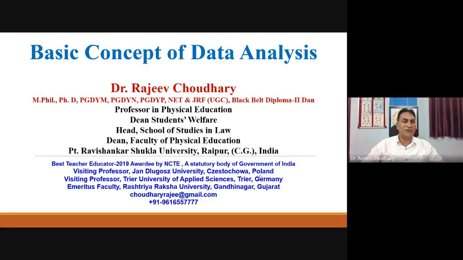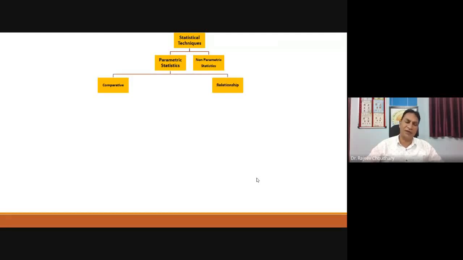Friends, yesterday we discussed two parametric techniques, that is independent t-test and dependent t-test. We started from different statistical techniques and divided them into two parts, parametric and non-parametric. We further classified the parametric techniques into two subparts, comparative and relationship.